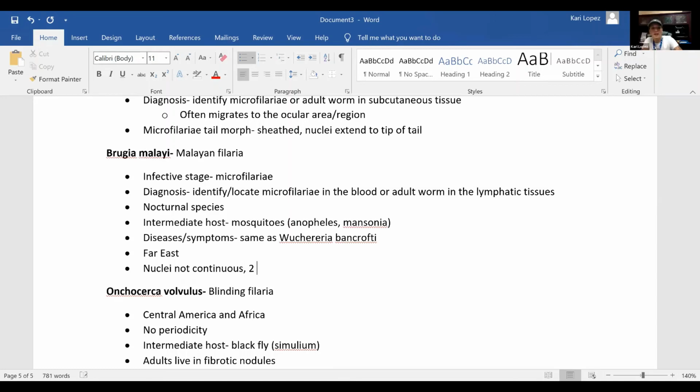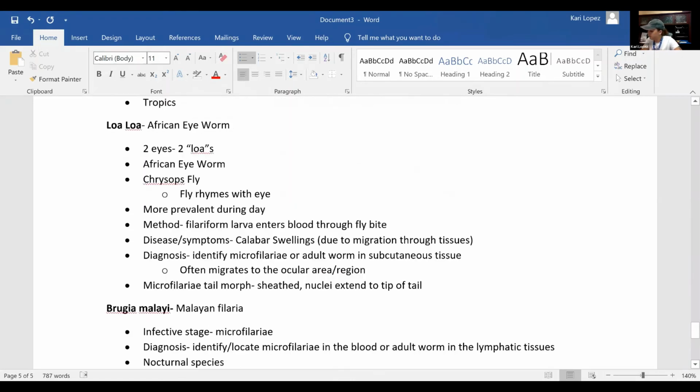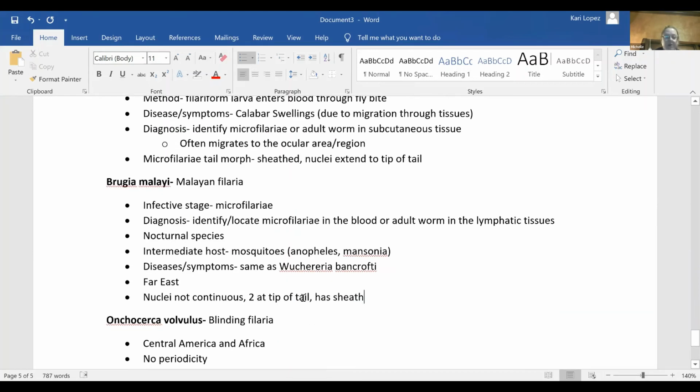Two at the tip of the tail, referring to two nuclei, and then has a sheath. What do you mean? Can you go back to that one? What do you mean by nuclei? Where was that?